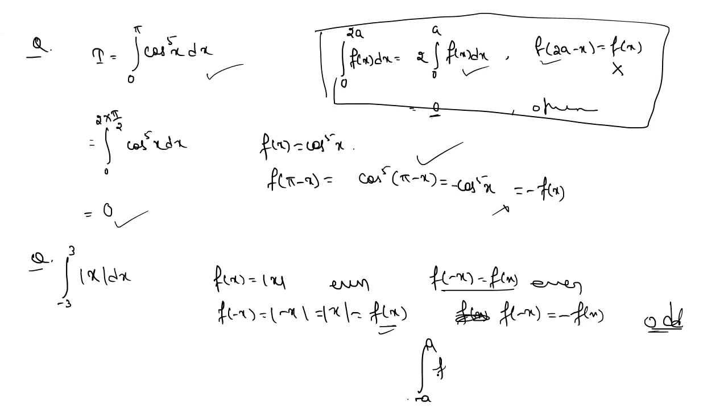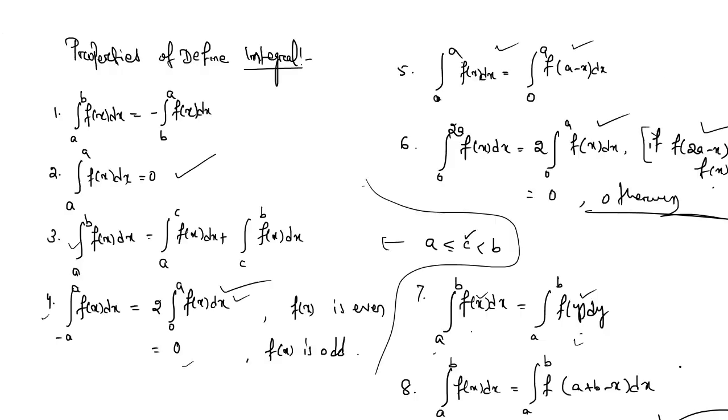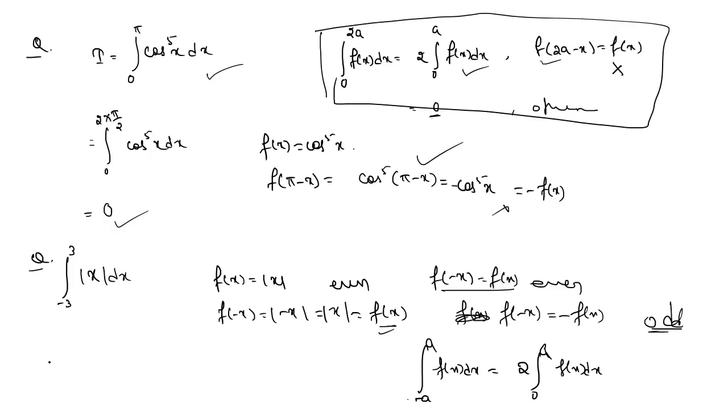Ok, so f of x dx, ये जब even होता है, even function जब even होता है, यहाँ पे 2 times 0 to a f of x dx, ये apply करना होगा. देखिए यहाँ पे जो property है, कौन सा property, fourth property. Ok, so for even function 2 times 0 to a, so function is even, so that we write here 2 times 0 to 3 x dx, right. So here x को भी लिखना है क्या, so this is 0, sorry for that.